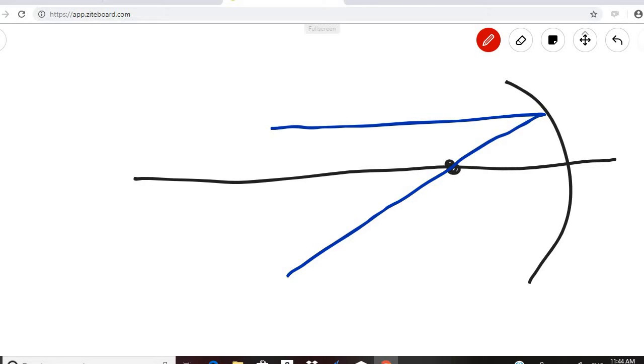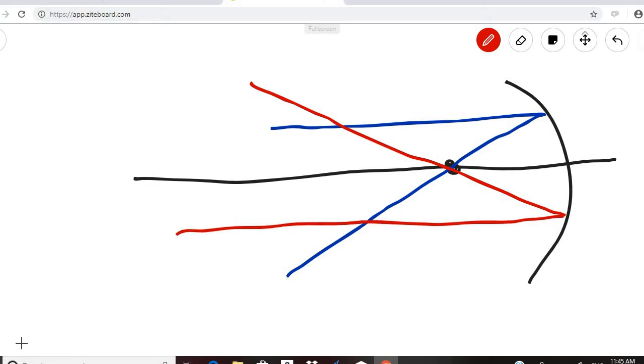So if it goes in horizontally, it'll be reflected through the focal point. If that beam of light comes into the mirror and goes through the focal point on the way in, it's going to be reflected horizontally.